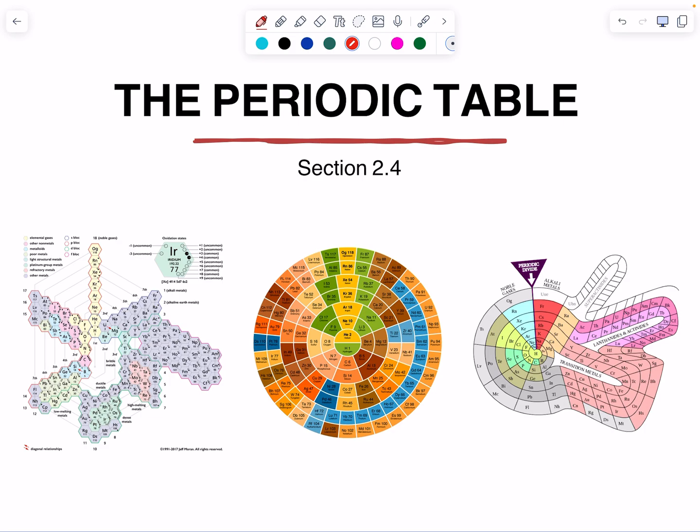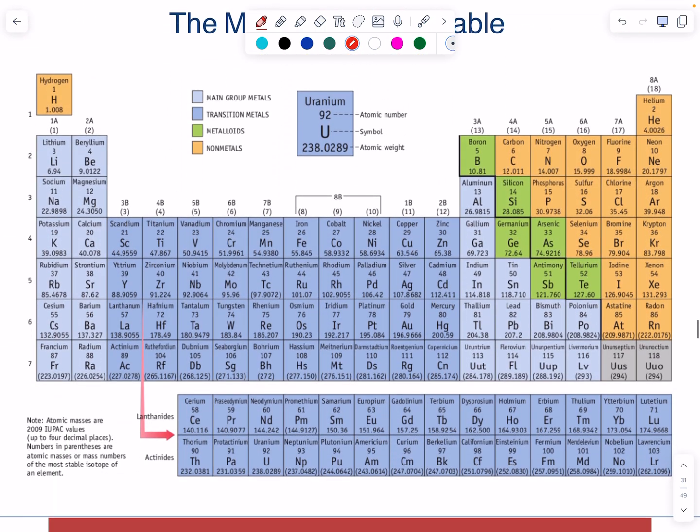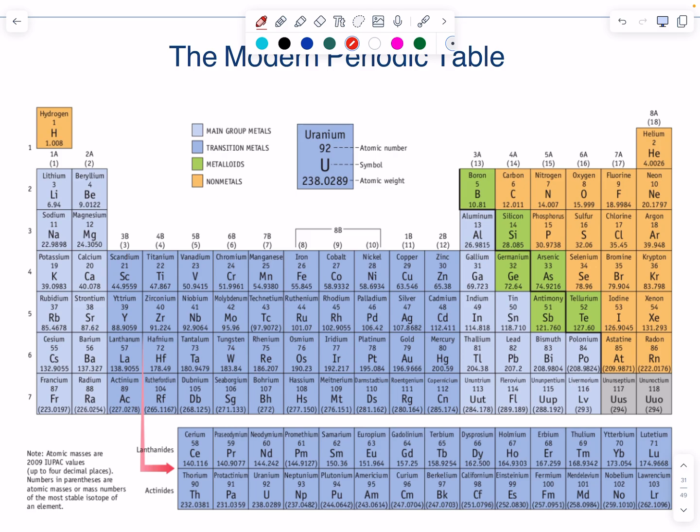But there are lots of chemists who have arranged the elements in creative ways, some of which you see up on the board, that arrange the elements according to different types of properties or in such a way as to highlight a property that's important to the designer of the periodic table. So here's the modern periodic table. Take yours out so you can make notes on it if you want.